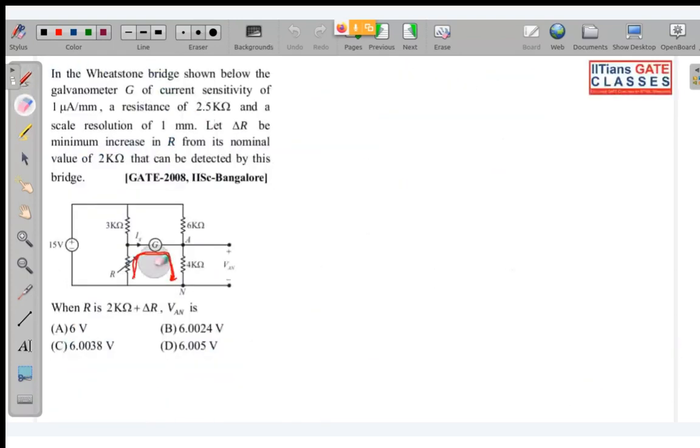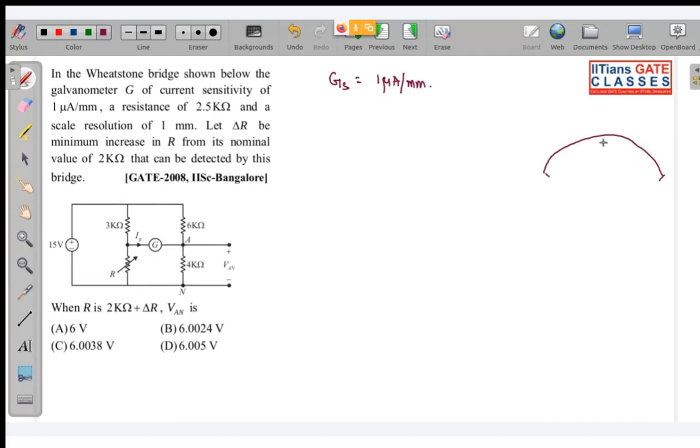Chalo. This is also a simple question. So what is given? In the Wheatstone bridge shown below, galvanometer G of current sensitivity 1 microampere per mm. So galvanometer sensitivity is 1 microampere per mm. That means what?